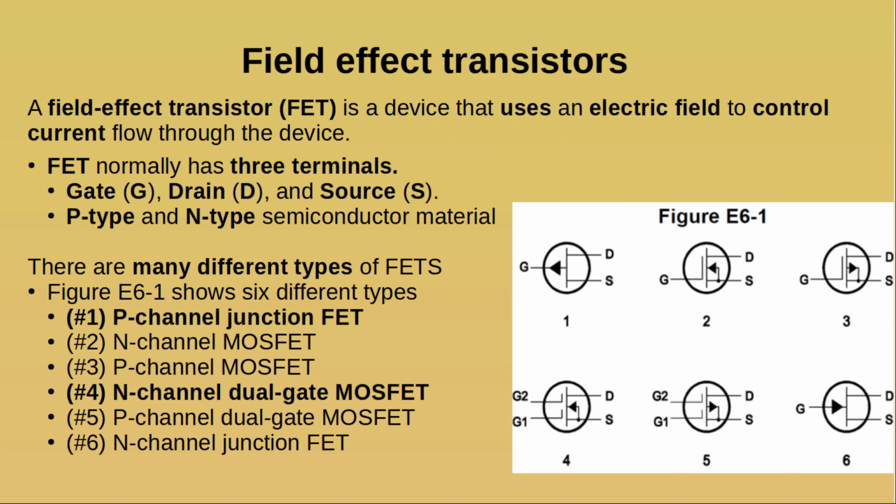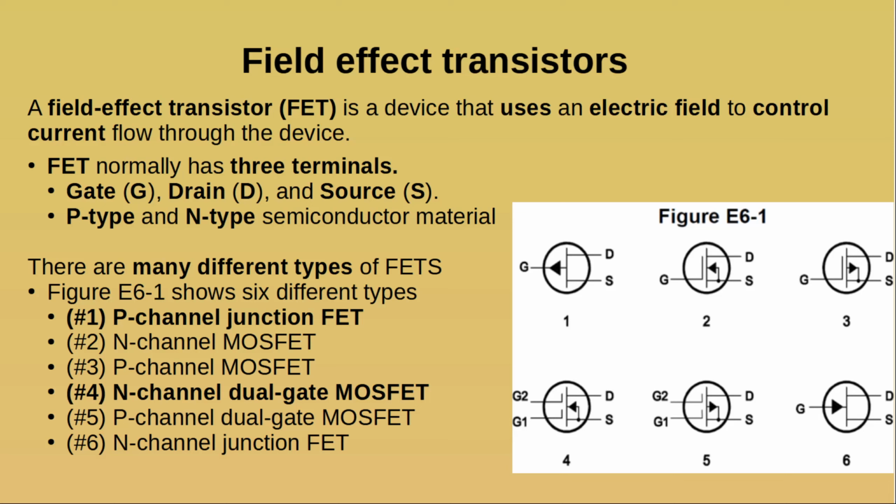In this case, we call them gate, drain, and source. Bipolar has base, emitter, and collector. They do equivalent functions. The figures over here on the right, and this is actually one on the exam.